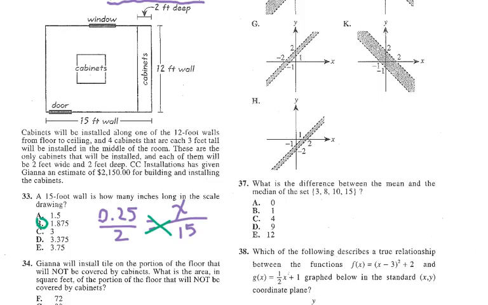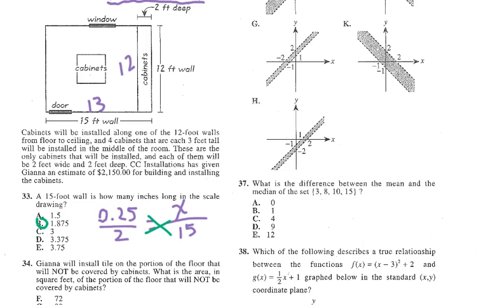1.875. For question 34, we want to figure out the area of the portion of a floor that will not be covered by cabinets. First of all, we need to figure out the area of the floor. This is a 13, and here's 12.